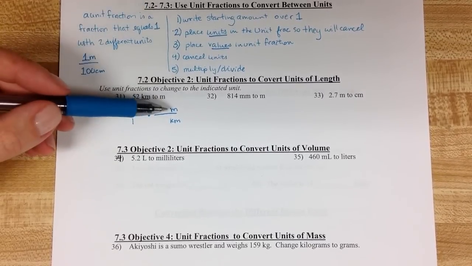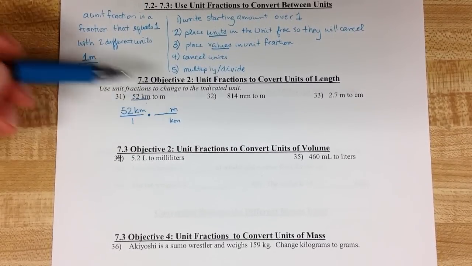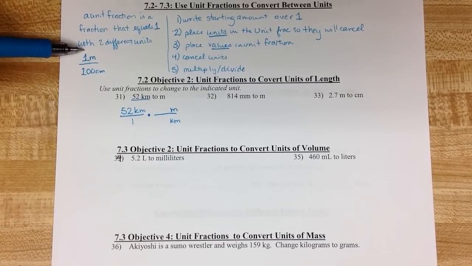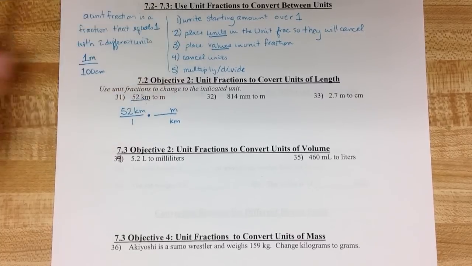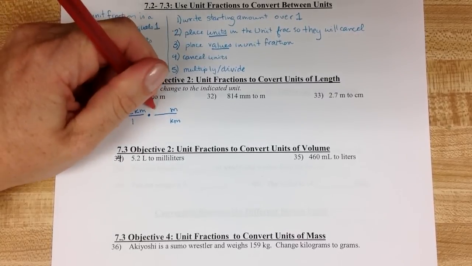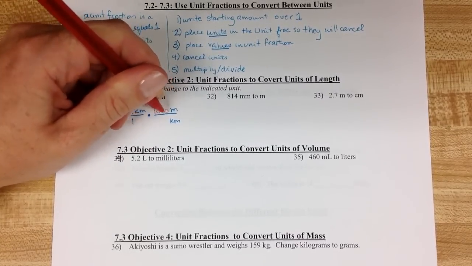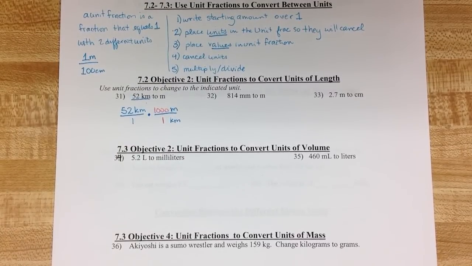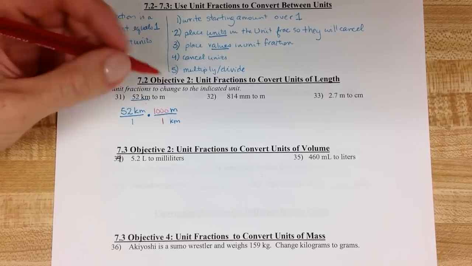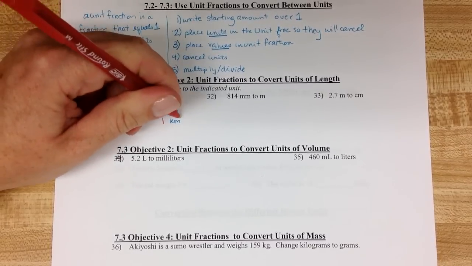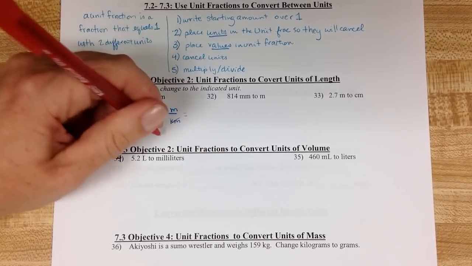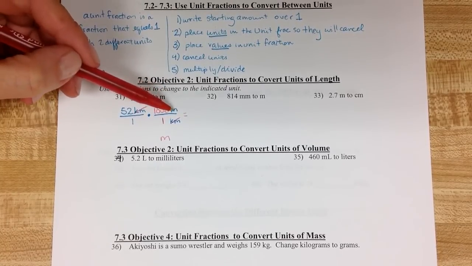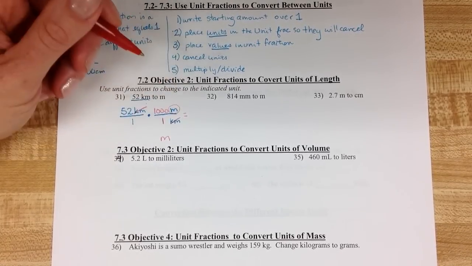Step 3 is to think of what values I need to put in here in order to make this fraction equal to the number 1. Well, it would take me 1,000 meters to make just 1 kilometer. So now my values are in. I can cancel the kilometers, which means the unit that's going to be left after I do my multiplication is the meters unit.